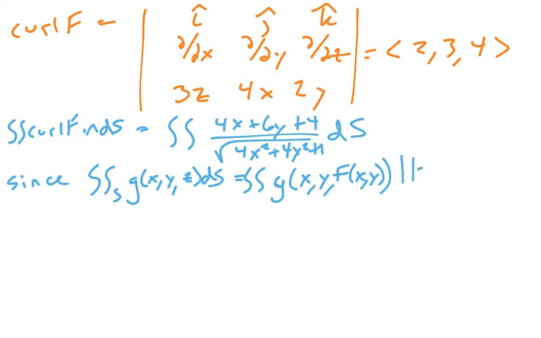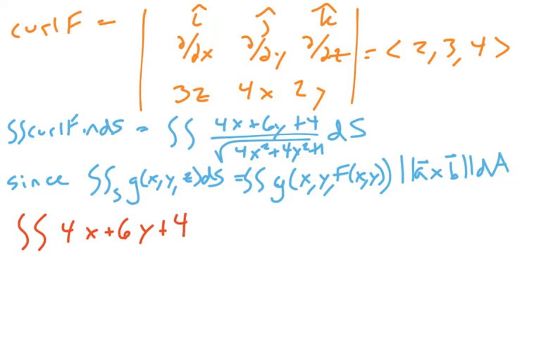Then there's this magnitude of a cross b in here, and then dA; this whole thing was what dS is. It's nice because the square root will cancel with that. And so the square root part goes away, and you literally just have to do the double integral of 4x plus 6y plus 4, and then dx dy.